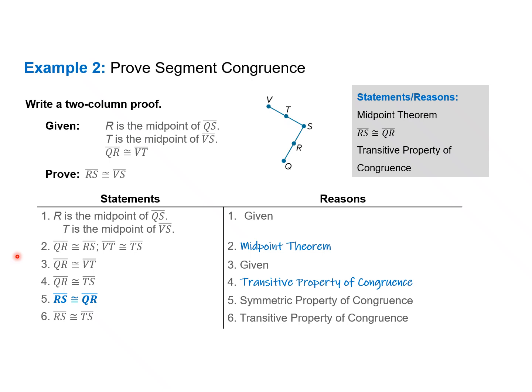And here it is here. We just flip them around. And so the next one would be the transitive property of congruence. And so now we're going from saying QR is congruent to RS and QR is congruent to TS to RS is congruent to TS. That is the transitive property of congruence.